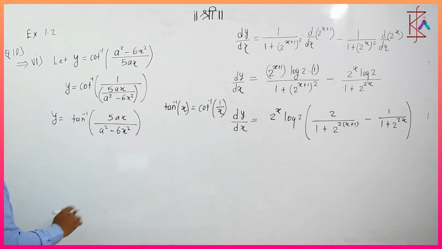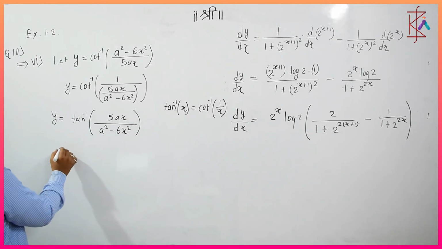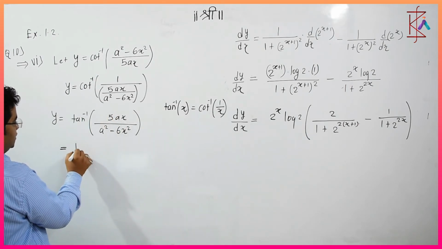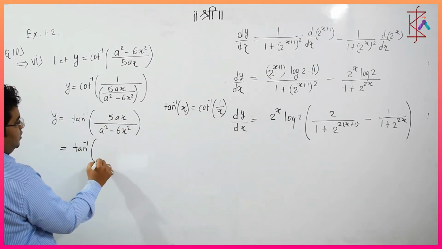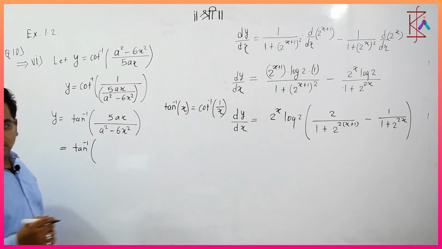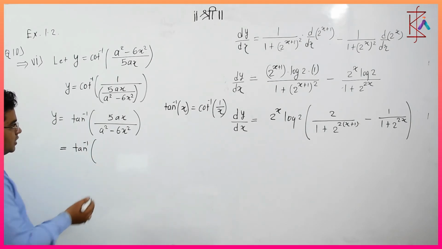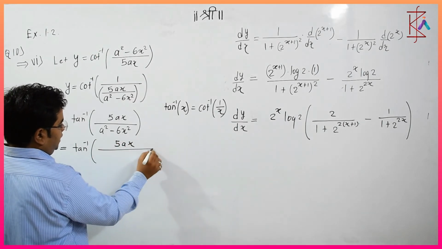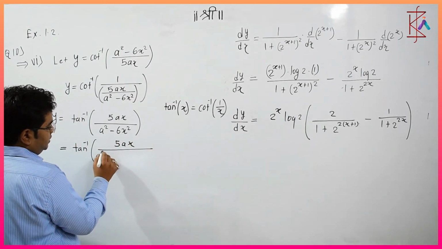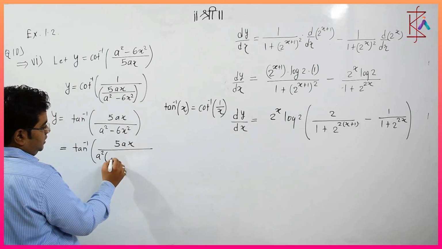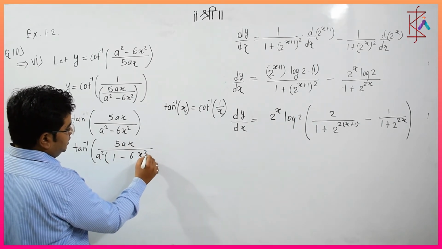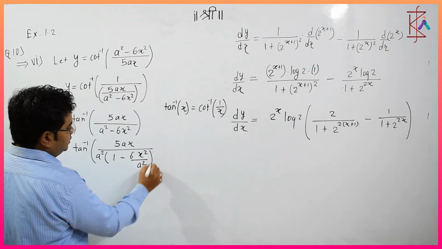Okay, done. Now again next step, we need to take this a square common, so within the bracket only. So tan inverse of 5ax divided by a square is common, and therefore 1 minus 6x square upon a square.